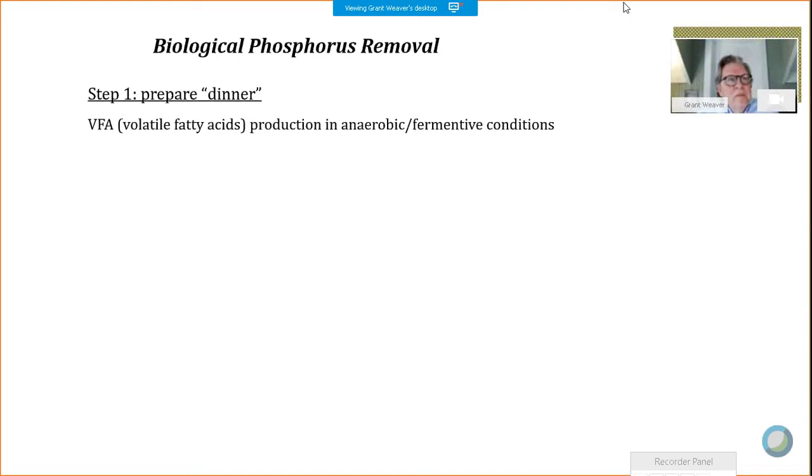The bacteria that remove phosphorus, remember from the second session, they're very fussy eaters. My analogy is they're like the panda bears in the National Zoo. The panda bears only eat bamboo shoots. The creatures that remove phosphorus in our wastewater treatment plants, they only eat volatile fatty acids.